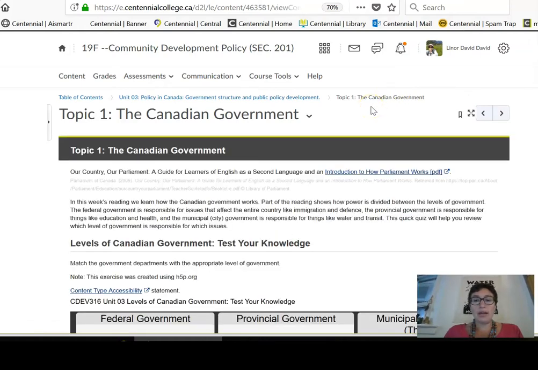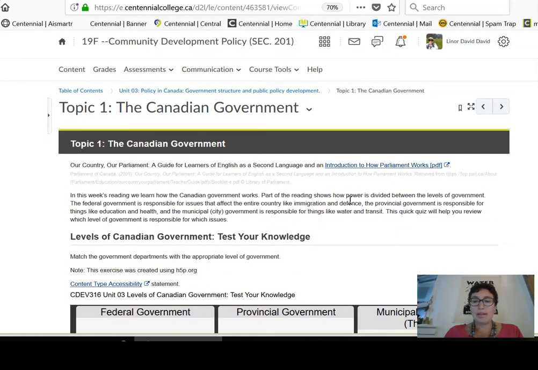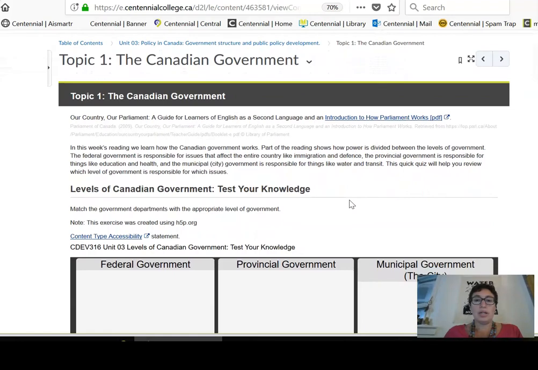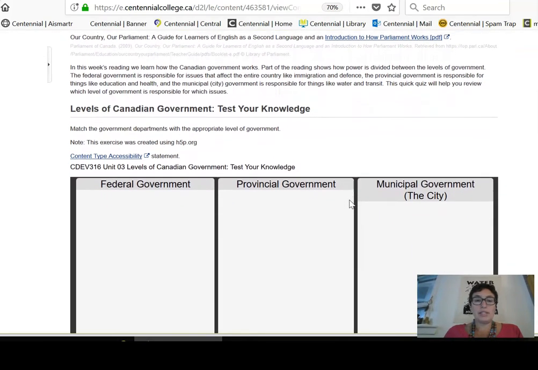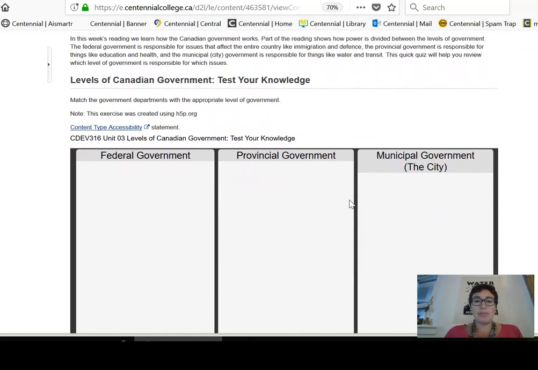For the first topic, there's no readings this week. You could read up on how Parliament works, but if you already know about it, then you're kind of good to go. So in this week, we're going to test your knowledge of the levels of Canadian government. There are 3 levels. The federal government, so that's sort of like Justin Trudeau and his Liberal government.